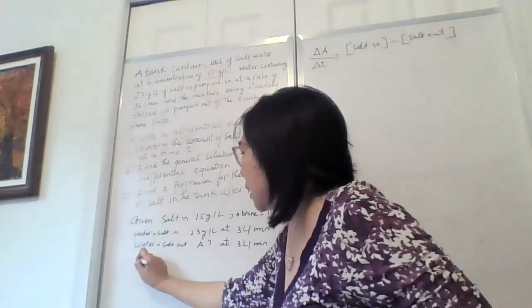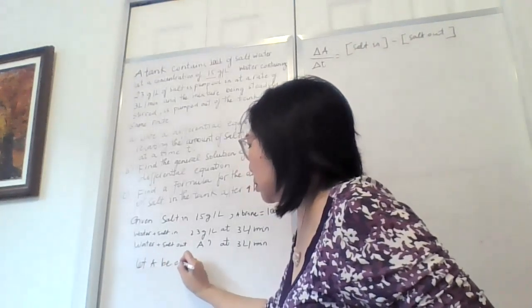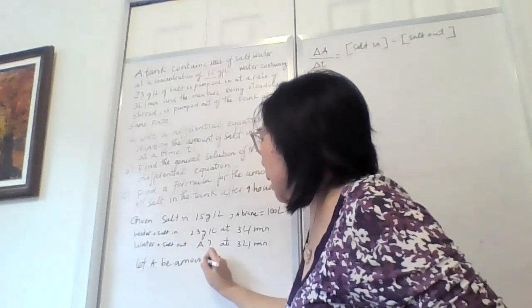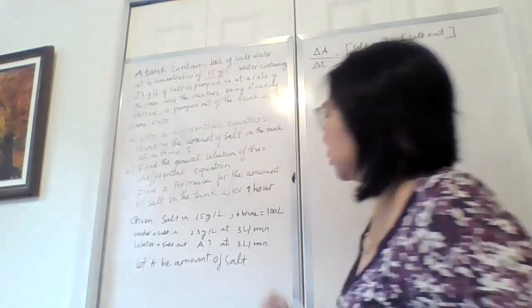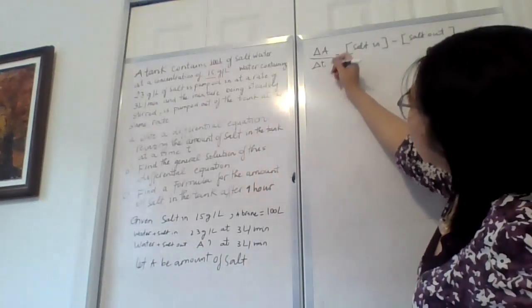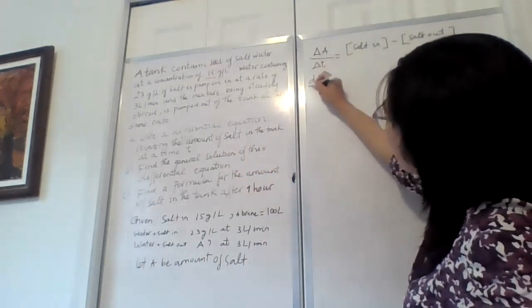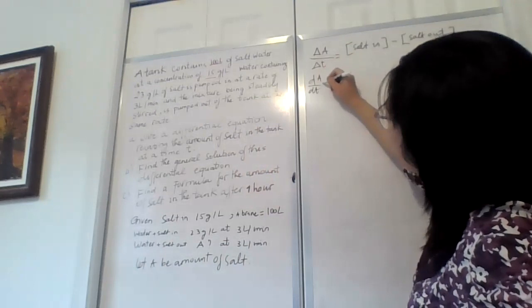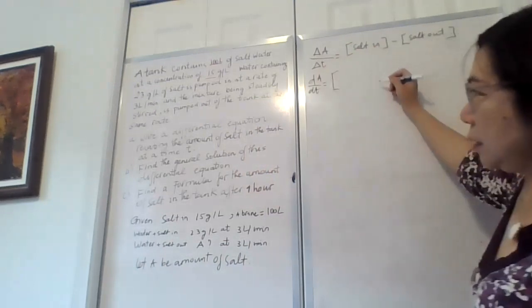So I'm going to say let A be the amount of salt. This is important, so we know our variable. Okay, so if we differentiate this, it will be something like dA over dt, which will be equal to our salt in.